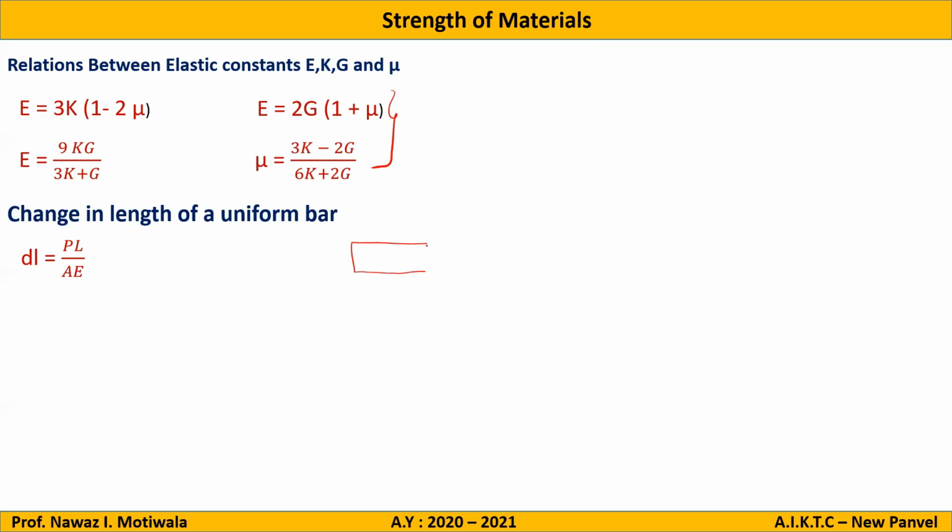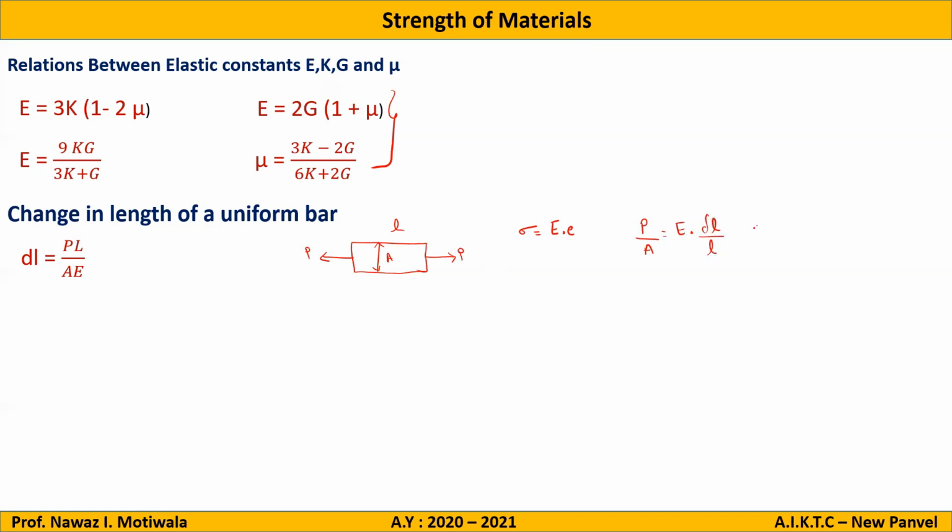Let us say that there is a bar of length L and diameter D or area A subjected to some force or load P. We know that stress is equal to E multiplied by strain. This we have already seen as per Hooke's law. Now, sigma means resisting force upon area, P by A, which is equal to E, that is Young's modulus, multiplied by strain, given as change in length upon original length.